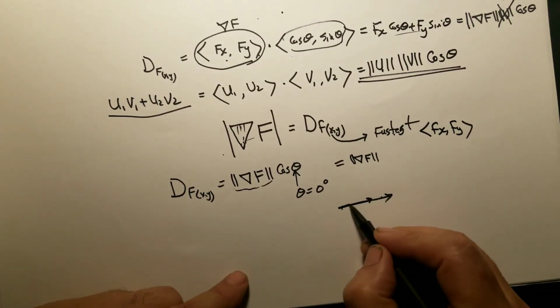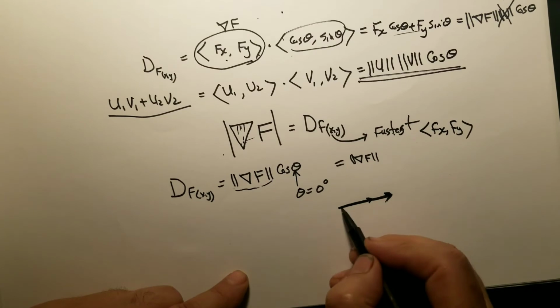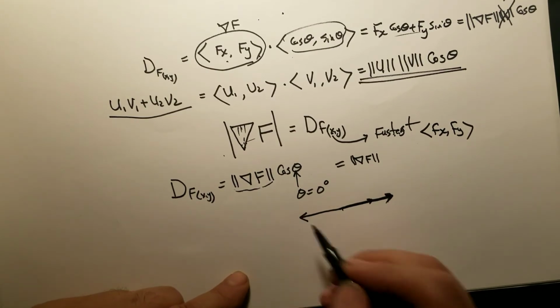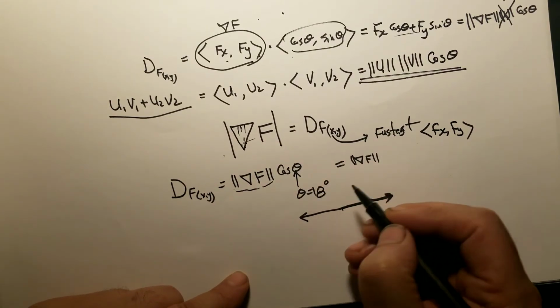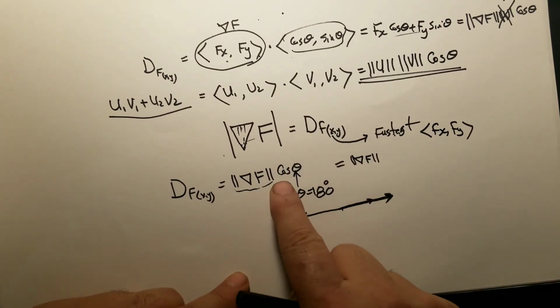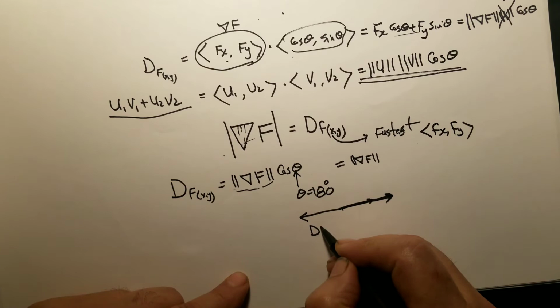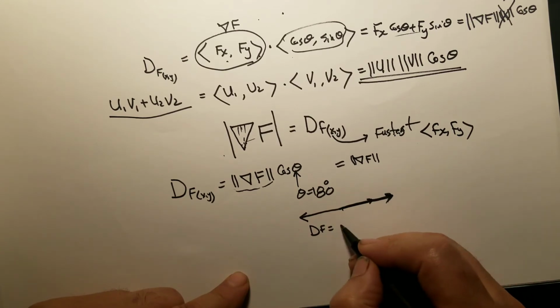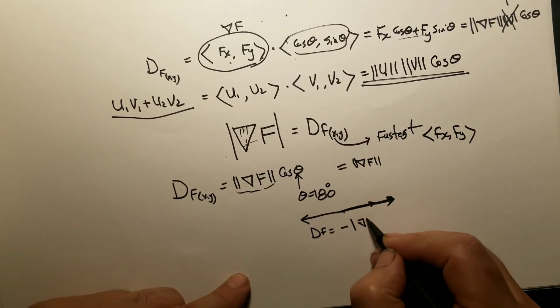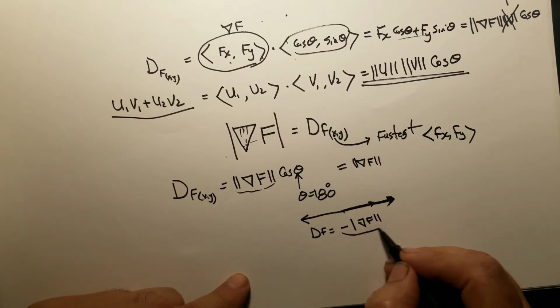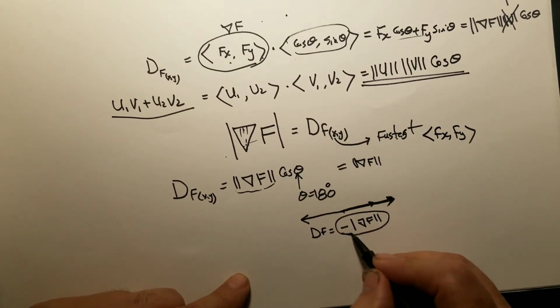But what happens if this is your unit vector and this becomes your gradient? The angle becomes 180 degrees. Oh, that becomes a -1. If this becomes a -1, the directional derivative is going to become negative the magnitude of the gradient. That becomes the smallest value.